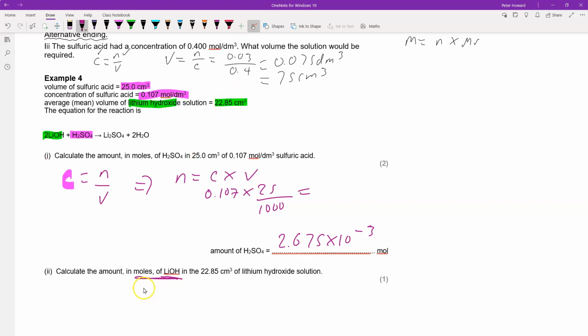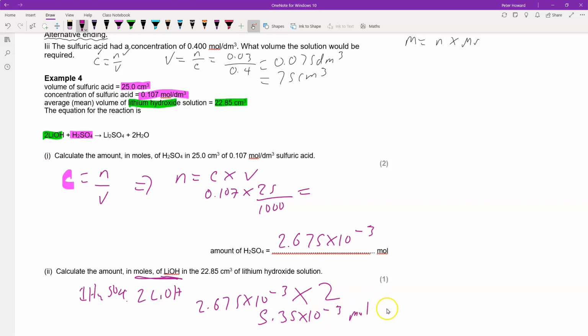If we look at the ratio, for every mole of sulfuric acid, we need 2 moles of lithium hydroxide. So we can do 2.675 times 10 to minus 3, multiply it by 2. So 5.35 times 10 to minus 3 moles of LiOH.